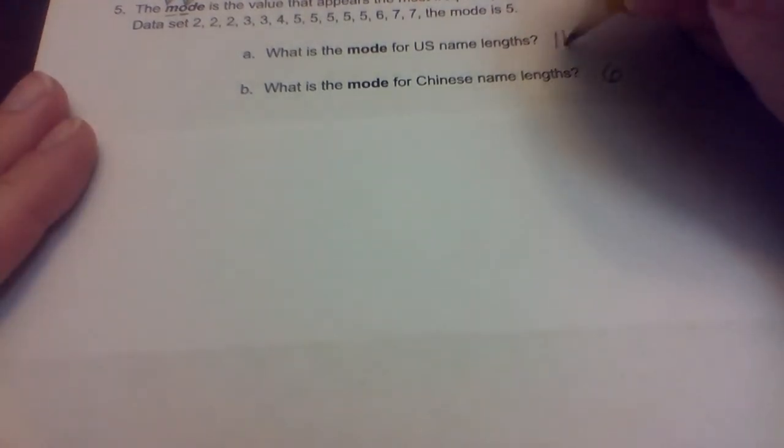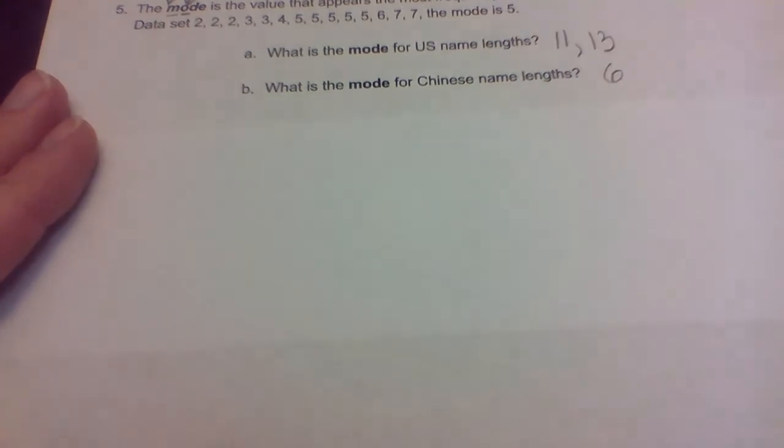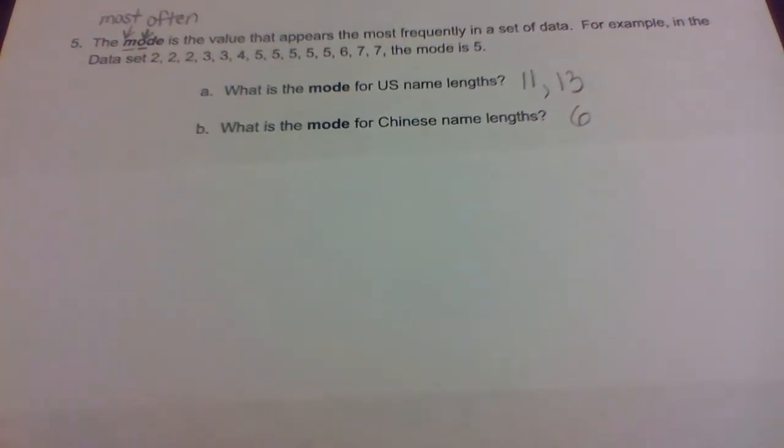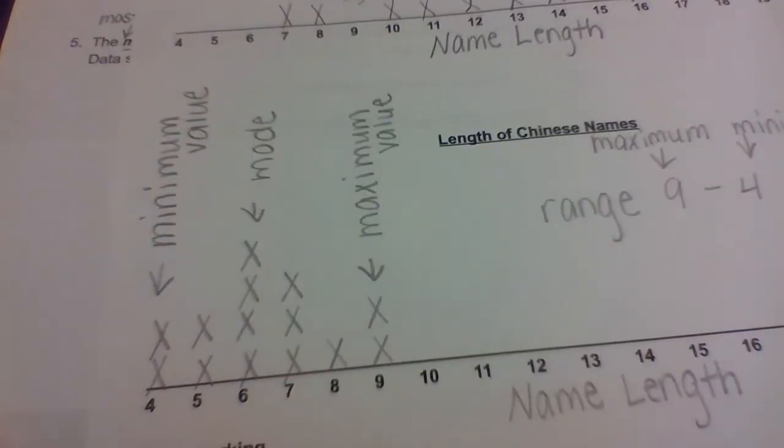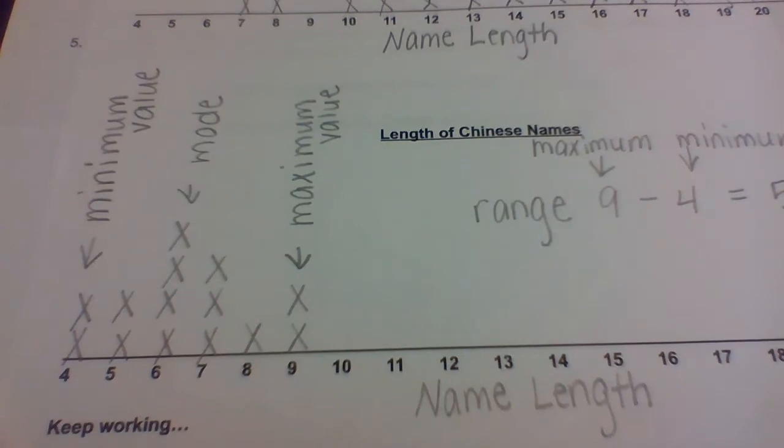I have 5 11s and I have 5 13s. Okay. And then the mode for the Chinese name lengths I already wrote down is 6. If I take a look at this, there are more 6s than any other number in my line plot.